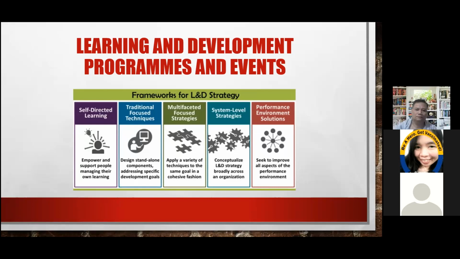Next is the traditional focus techniques. These approaches are formally designed and supported as a standalone component, usually with very specific knowledge and skill development goals in mind. This is most useful when you serve people who are quite new to a knowledge base or skill, or when you have specific learning milestones people need to achieve.